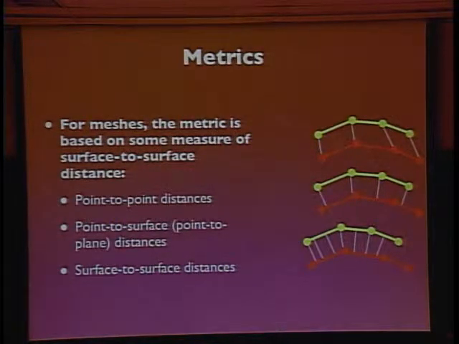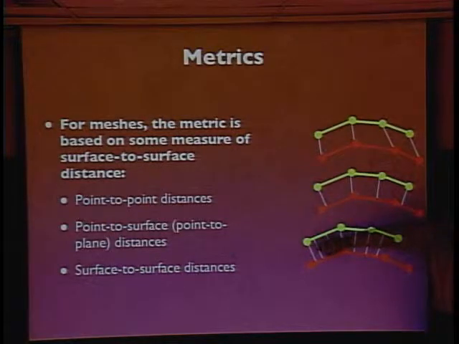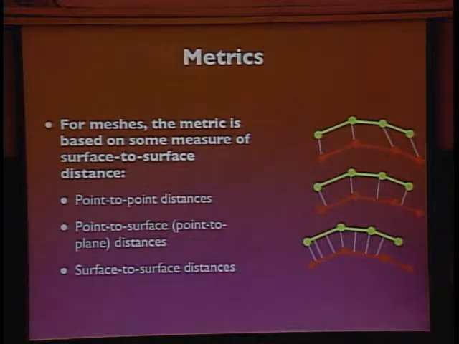And then if you really want to go kind of hog wild, you can, in fact, instead of just taking point-to-point distances or point-to-surface distances, raster scan each one of your faces of the mesh, which is made up of a set of edges.